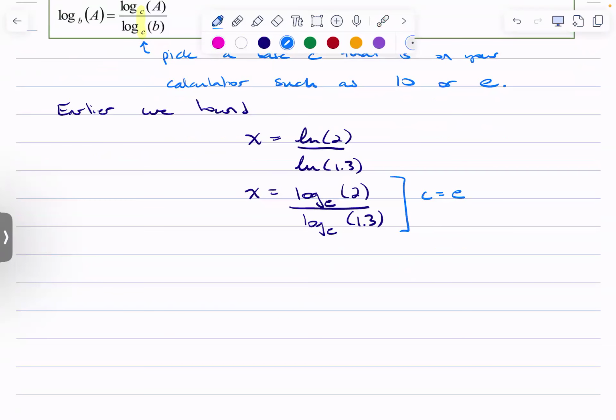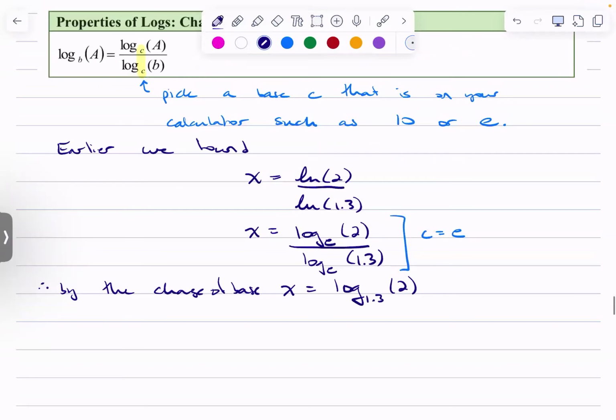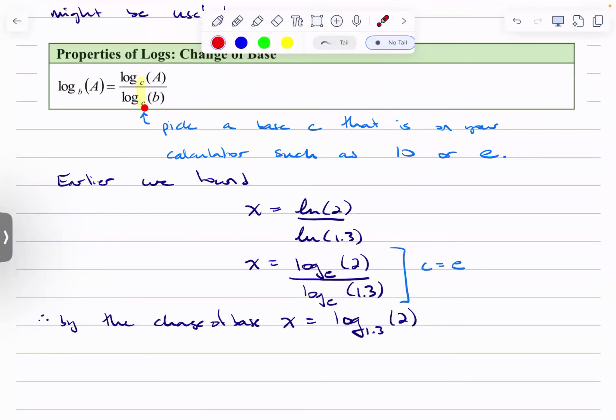And so therefore, by the change of base, x is the log base 1.3 of 2. Right? I have the same log base e. And b is 1.3 and a is 2. So I can rewrite it as log base b of a.